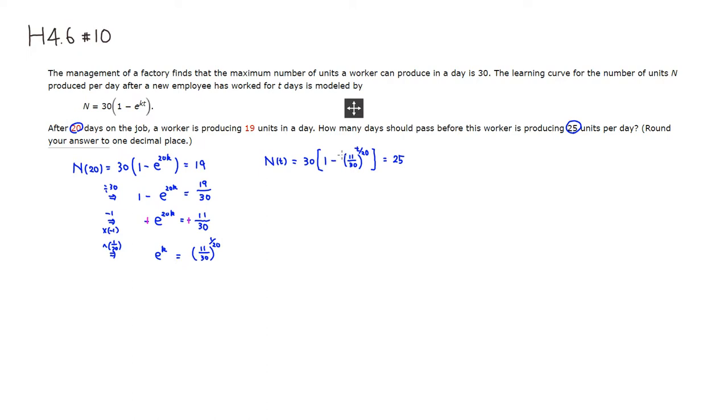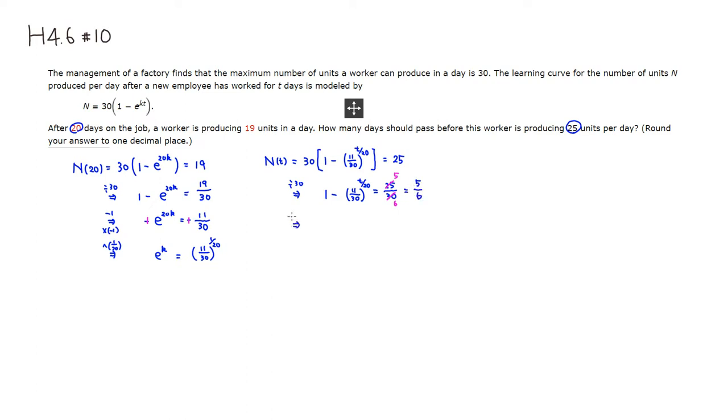Let's solve for t. Divide through by 30, so we get 1 minus 11 over 30 raised to the t over 20 equal to 25 over 30. Top and bottom are multiples of 5, so divide by 5: you get 5 over 6.